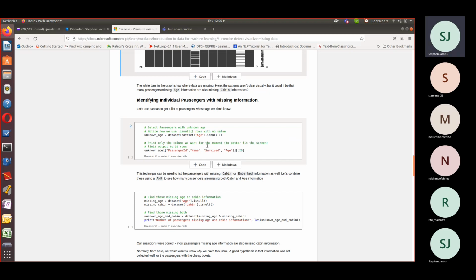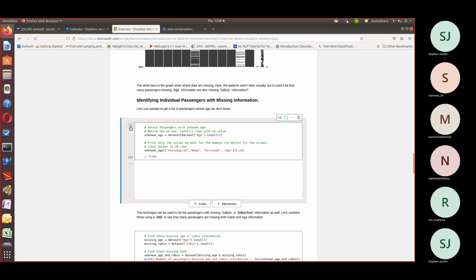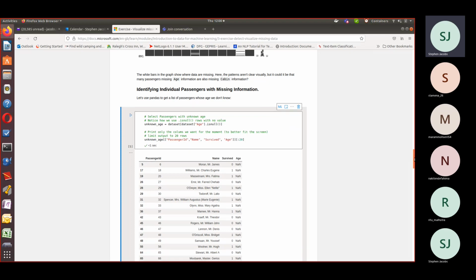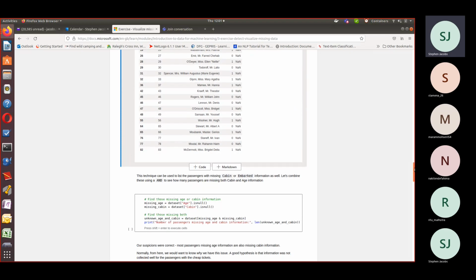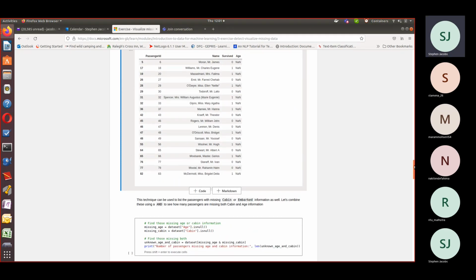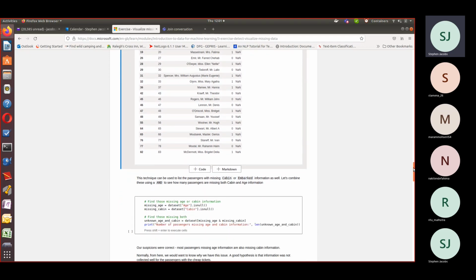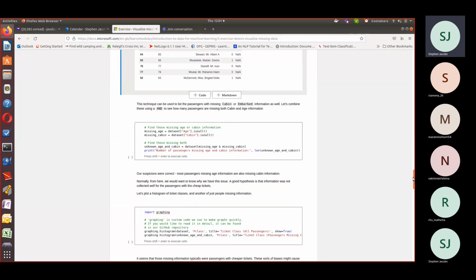So let's have a go. And here we have it. That's all the information. So it's exploring big data. We can list the passengers with missing cells or embarked information as well. So basically you can find out loads and loads of stuff just by manipulating those functions.